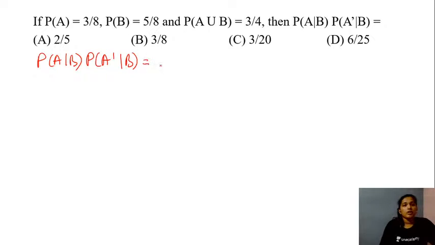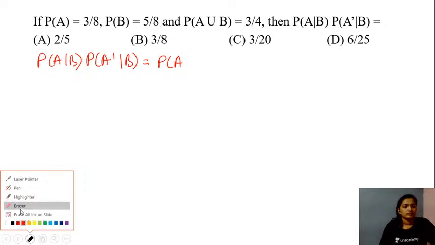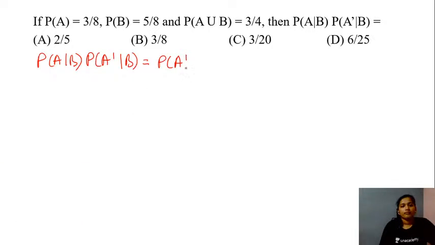This will be equal to probability of your event A given your event B into the probability of 1 minus the probability of your event A given your event B. Right?